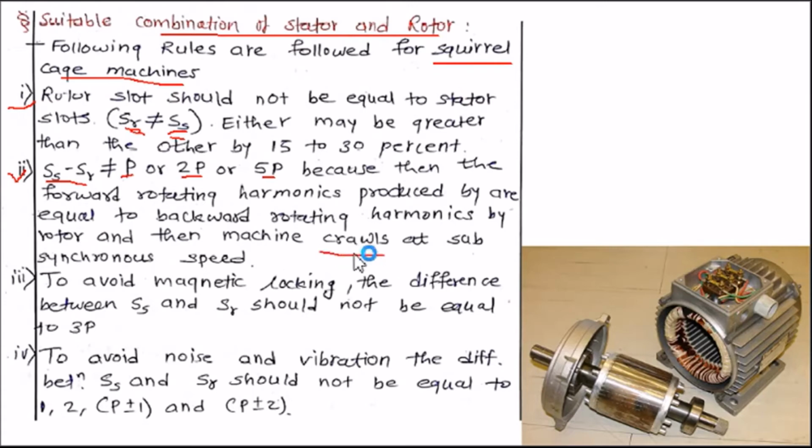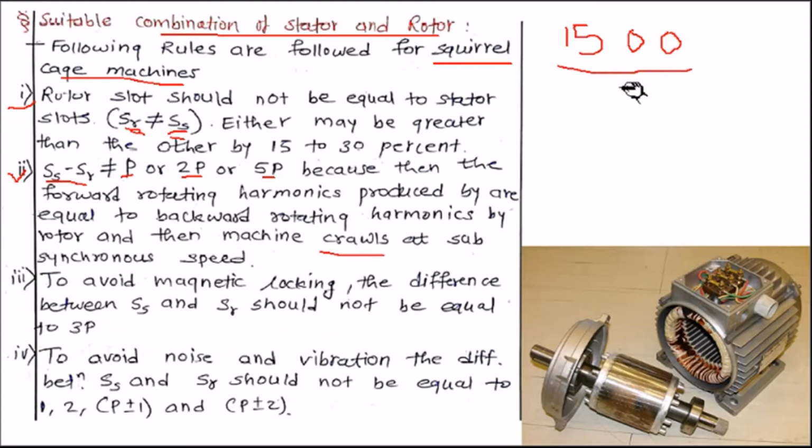Crawling is another phenomenon observed in induction motors. What is meant by crawling? Crawling means your motor will rotate at some sub-synchronous speed. Suppose your motor has a synchronous speed of 1500 rpm. In crawling, your motor will rotate at a sub-synchronous speed.